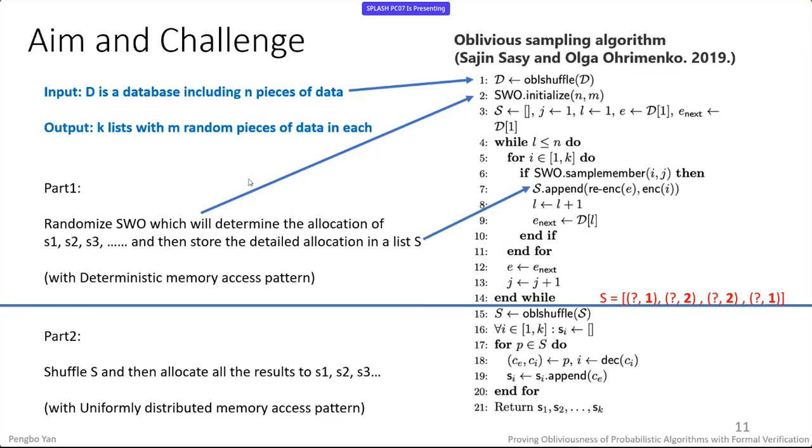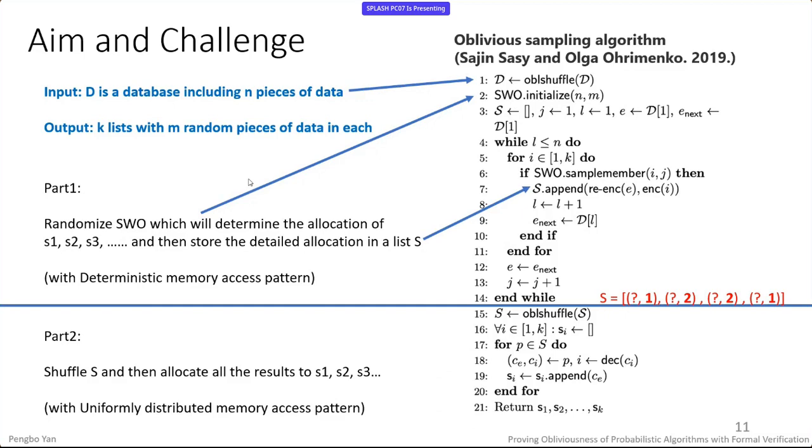So the first part of this algorithm has a deterministic memory access pattern. This S is a truly random distribution, but the memory access pattern of the first part is deterministic.